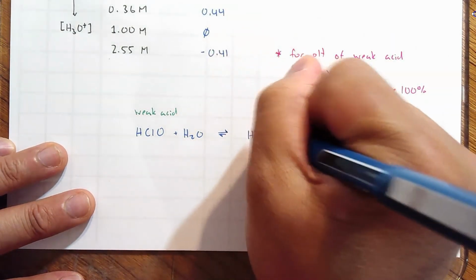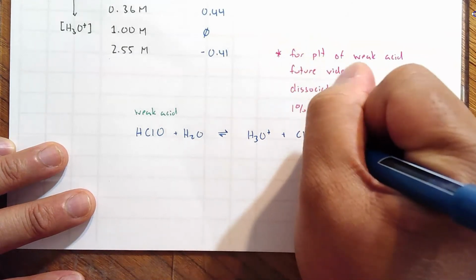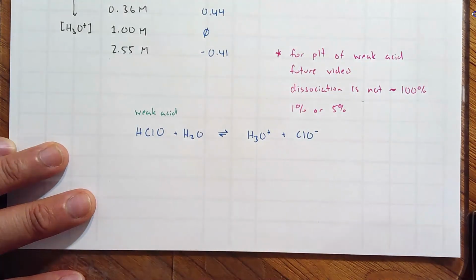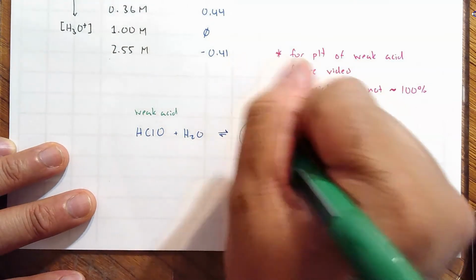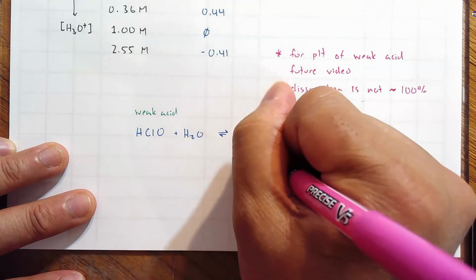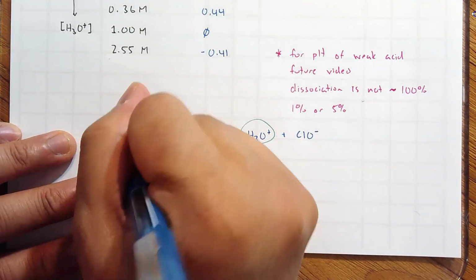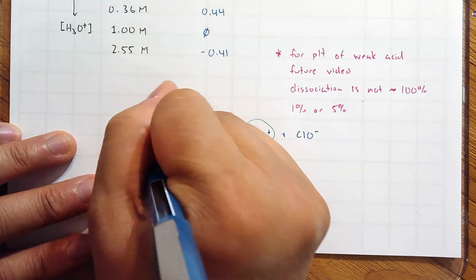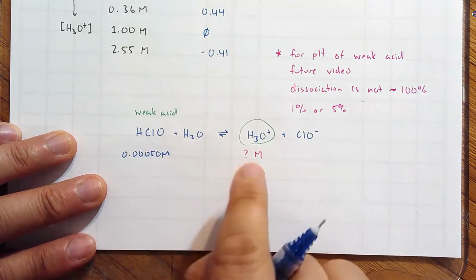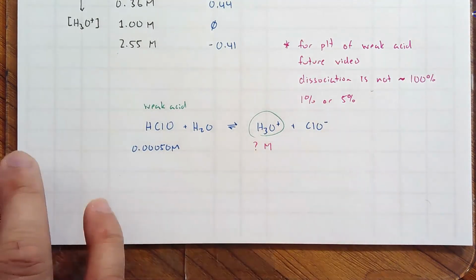But even more challenging is that this concentration is not the same as this concentration. So we have to figure out first the molarity of this. Even if you're given this molarity, we don't know that molarity. They are not equal. That will be in a future video.